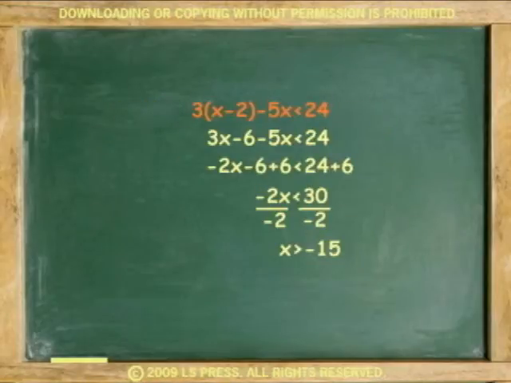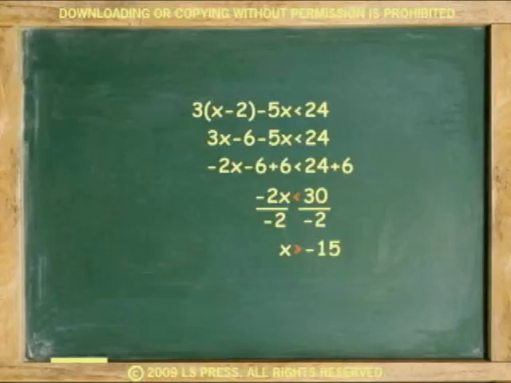Let's multiply and divide inequalities now. For example, 3 times x minus 2 minus 5x is less than 24. Distribute parentheses. Combine like terms. Divide by -2.